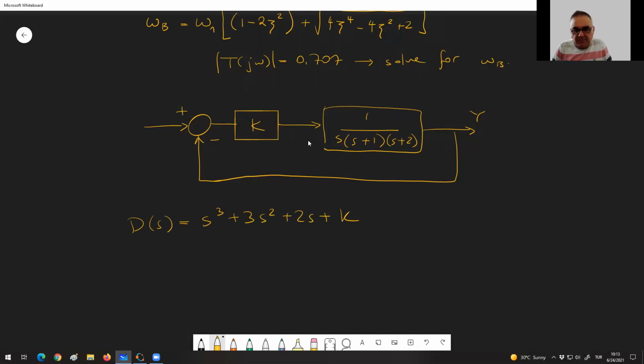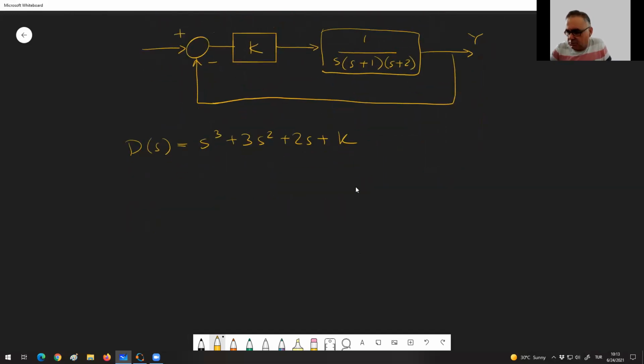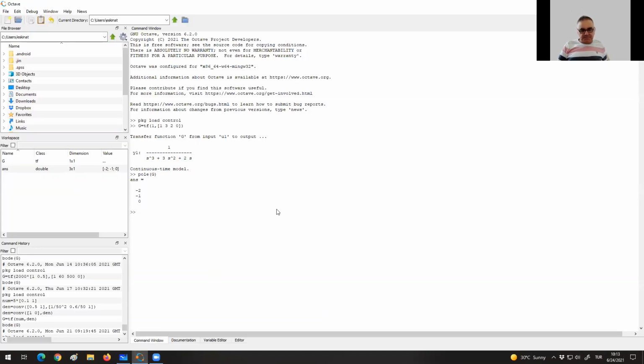So immediately from the Routh criterion, it will give you that K should be less than 6 for stability. That's not too hard to find. Let's try something. K is equal to, let's say, 3.